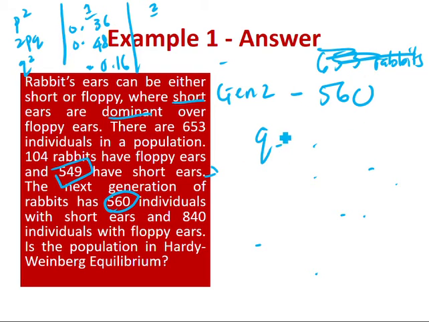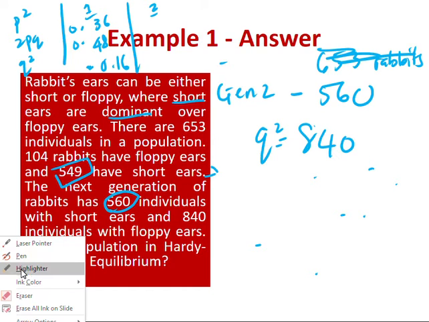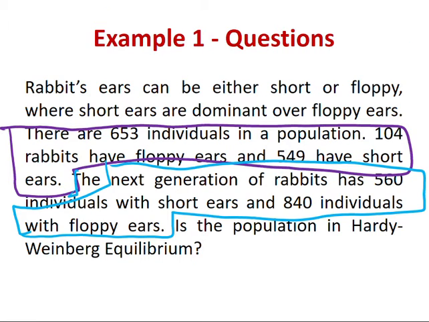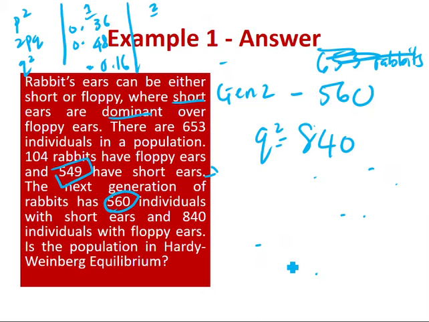Again, you have to find q squared. Homozygous recessive rabbits would be 840 over 560 individuals. How is this possible? Sorry, my bad.